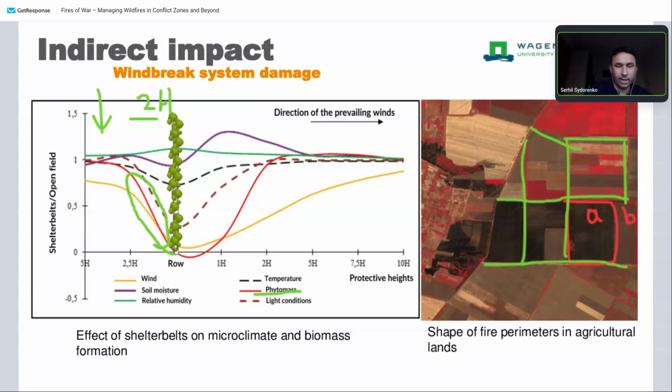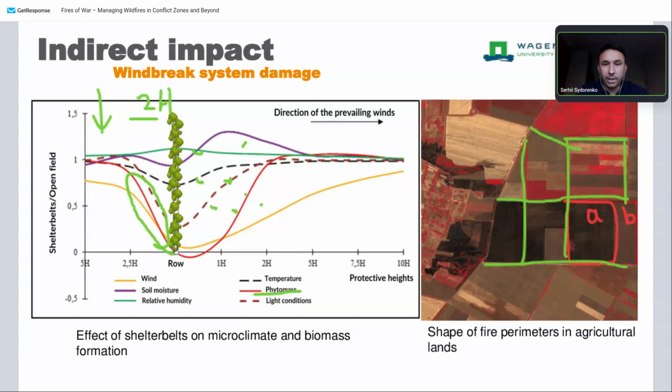So if the height of the trees is around 10 meters, this effect we will see at 20 meters. But it is also important that these trees also act as a barrier or as a screen to prevent embers and heat transfer from wildfires. So they also prevent spotting on this side, for example.